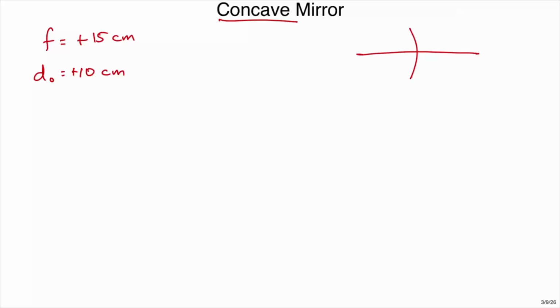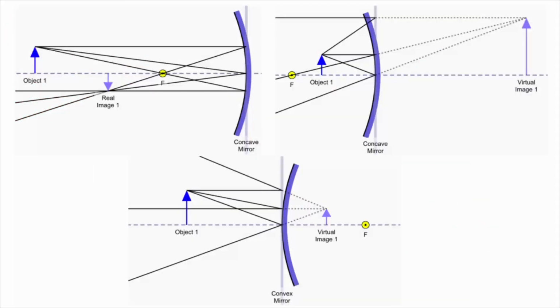You'll have words. I'm not giving you words right now. So there's the focal length. My object is somewhere in here, right? It's inside. So based on that, we know that we need to get what kind of image? Virtual, magnified, upright.